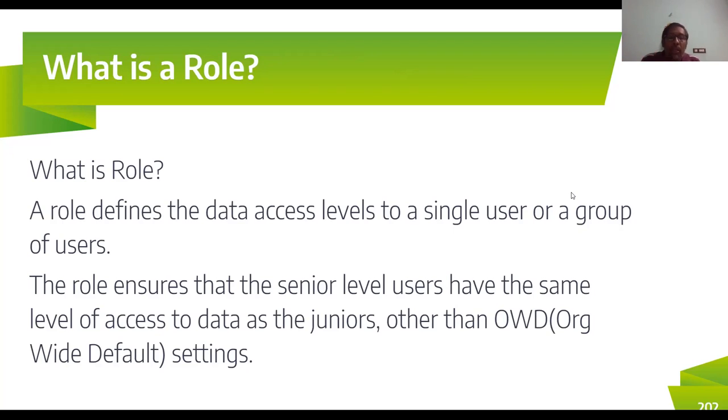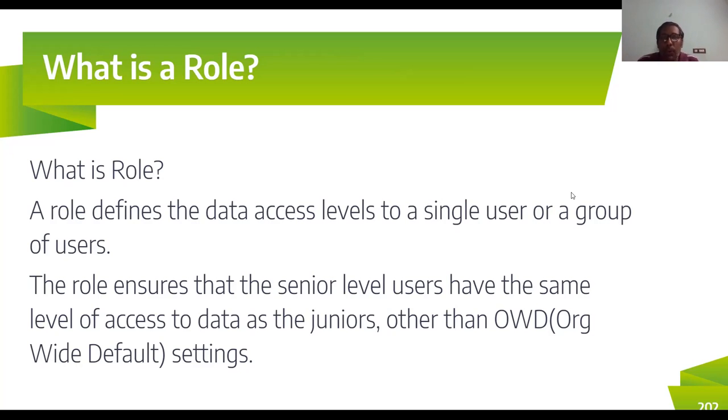The role ensures that the senior level user has the same level of access to the data as the junior, other than the OWD. Whatever the junior can access with respect to data, the senior can access also, other than the OWD by default.